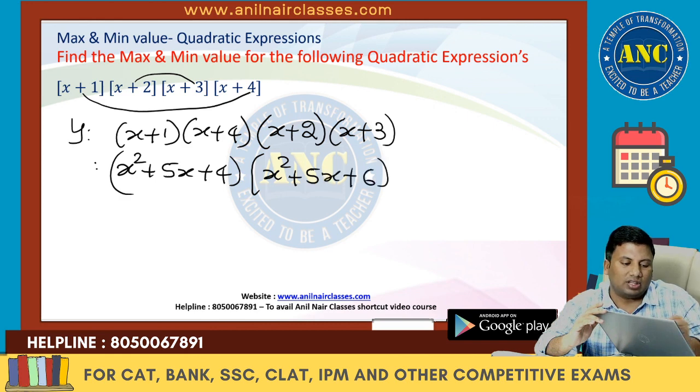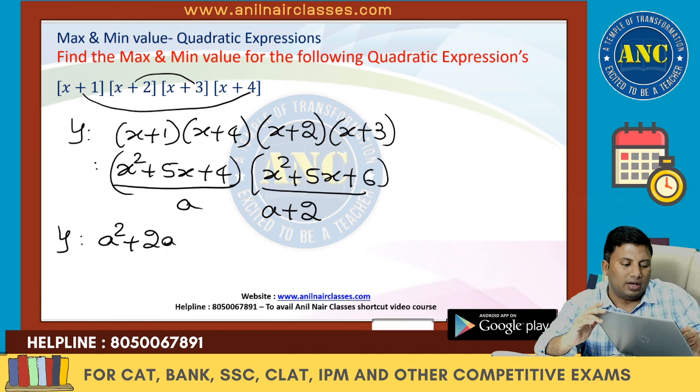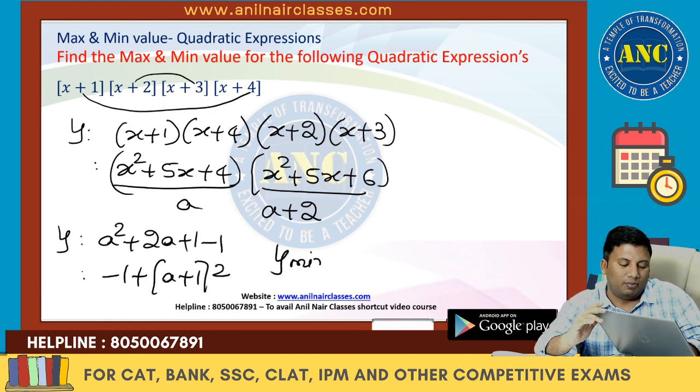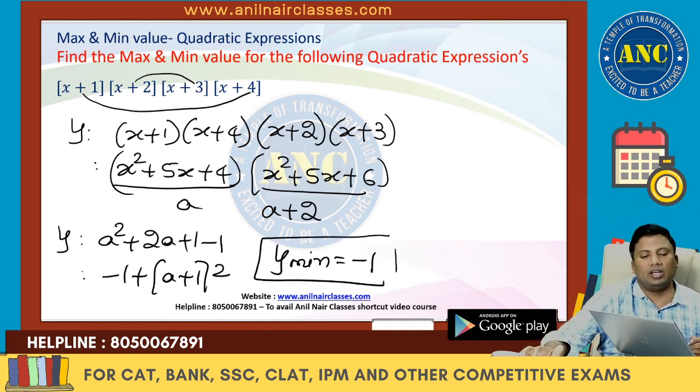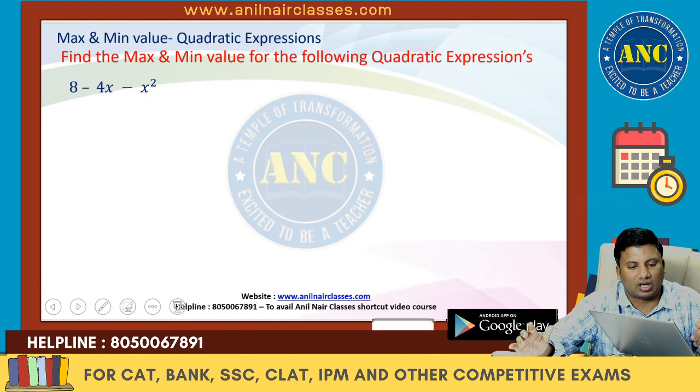So if I call x square plus 5x as a, this will be a plus 4 into a plus 6... so y will be a square plus 2a minus 1 plus 1. This is nothing but a plus 1 whole square minus 1. Y minimum will be minus 1. The idea is to convert into a quadratic format by taking these entire values common.